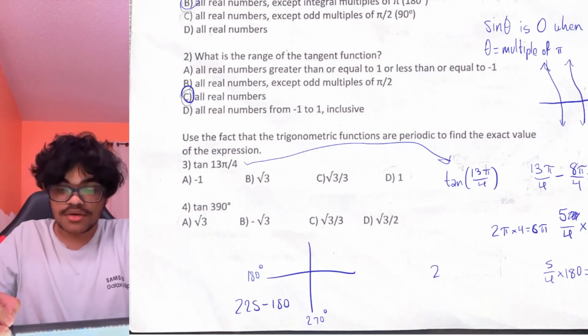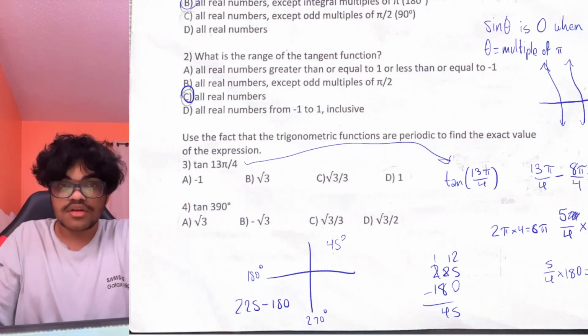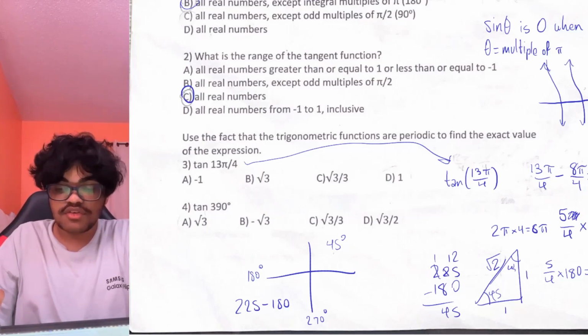And if you work this out, 225 minus 180 gives us 45 degrees. And that is going to be our reference angle, which is in quadrant 1, which is good, because if you want to know the tangent of 45 degrees, just draw the special right triangle, 45, 45, and the hypotenuse will be square root of 2, the sides will be 1 and 1, and then you can see that the tangent of 45 degrees is 1.